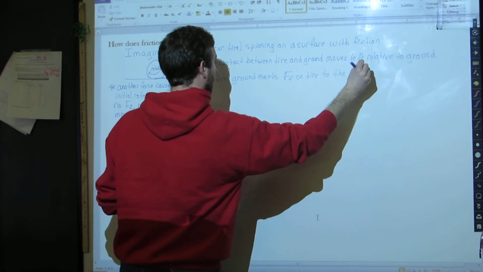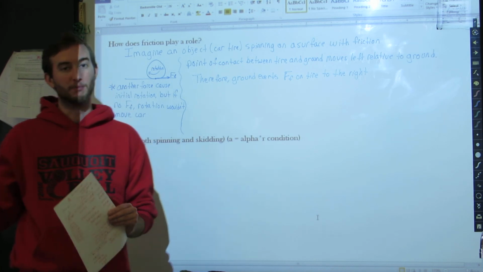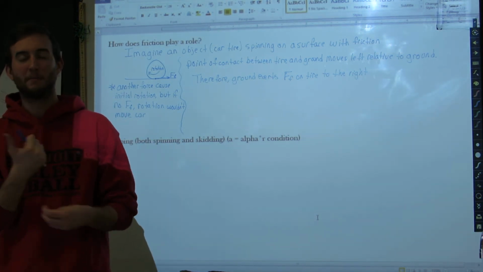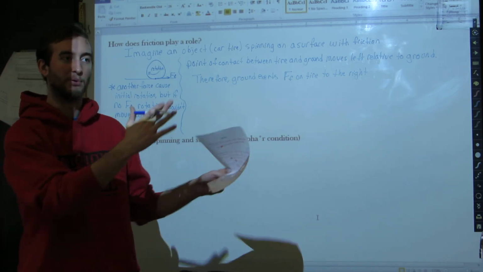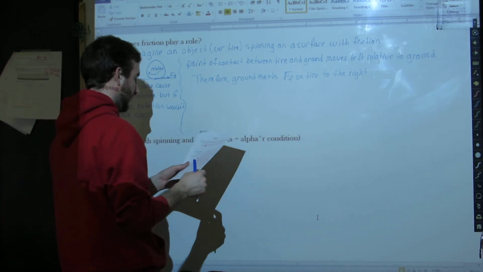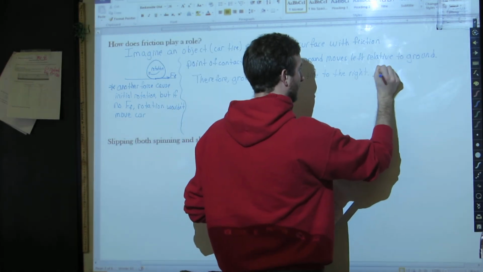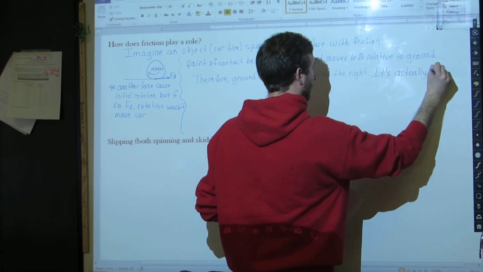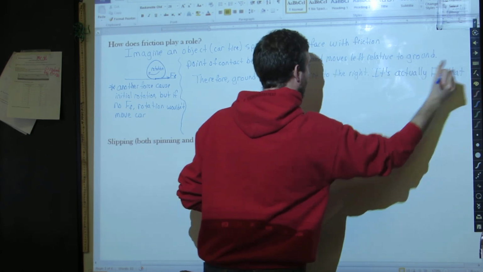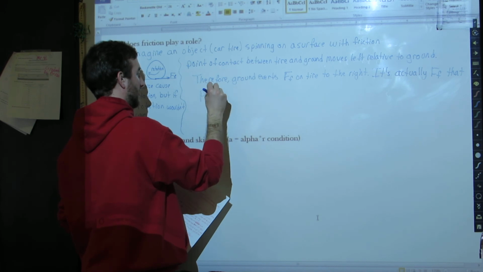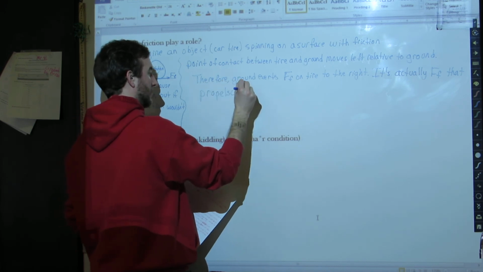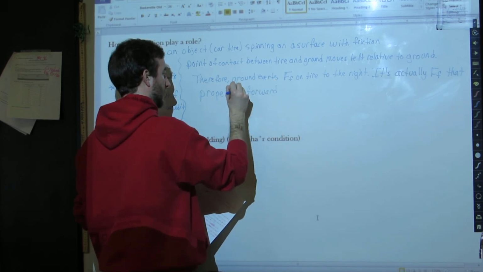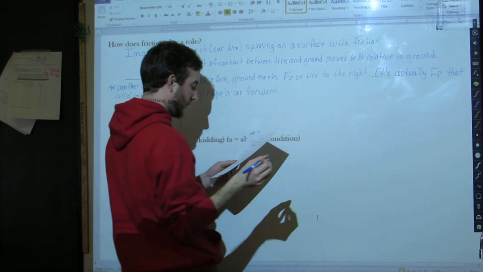This is actually the force that allows the car to move forward. We don't often think of friction as causing things to speed up, but in this case, friction is what allows the car to push off and move forward and accelerate. It is actually the force of friction that ends up propelling the car forward, which is very interesting.